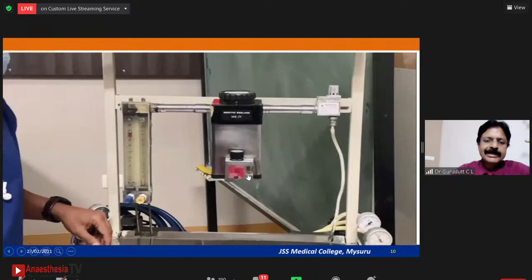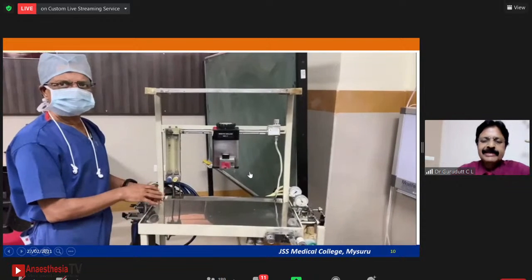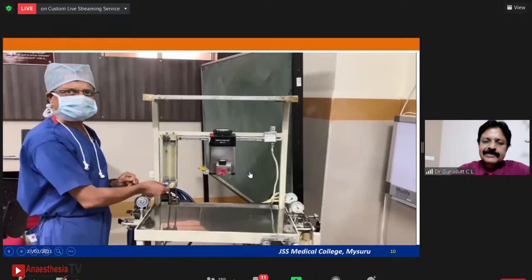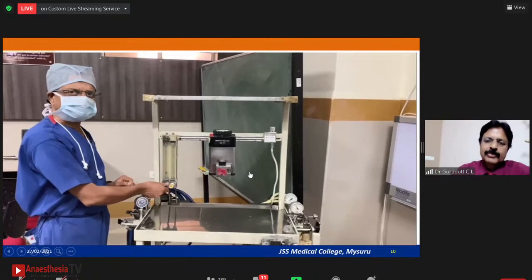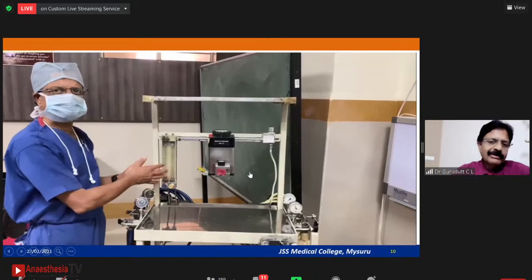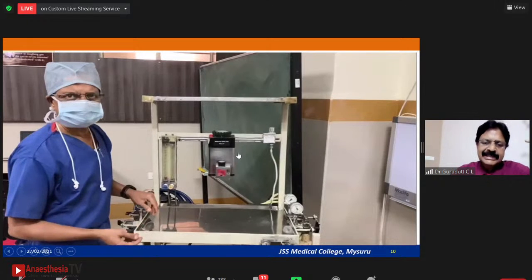Now I can give only nitrous oxide, and with the fail-safe valves also, I can still give only nitrous oxide. That is why proportionating devices are required at the flow control valve level. So that is very important. I'm going to discuss the proportionating devices later.